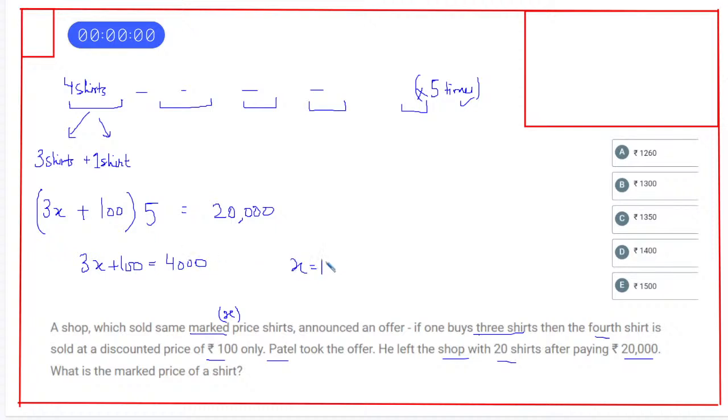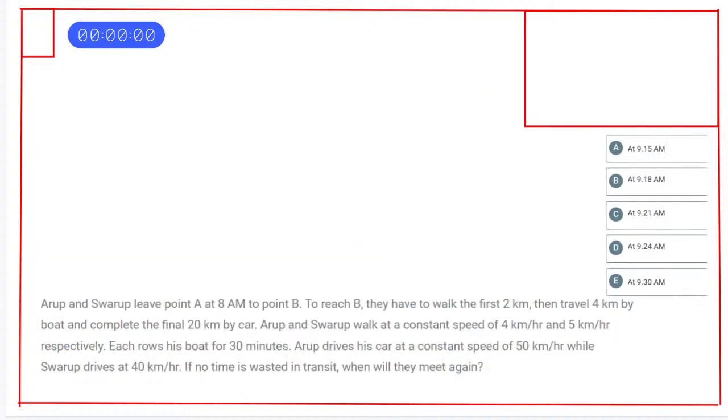X equals 1300. So that is the mark price for this question. Okay, fine. Everything clear? Moving to the next, try this one based on THD, I can see.